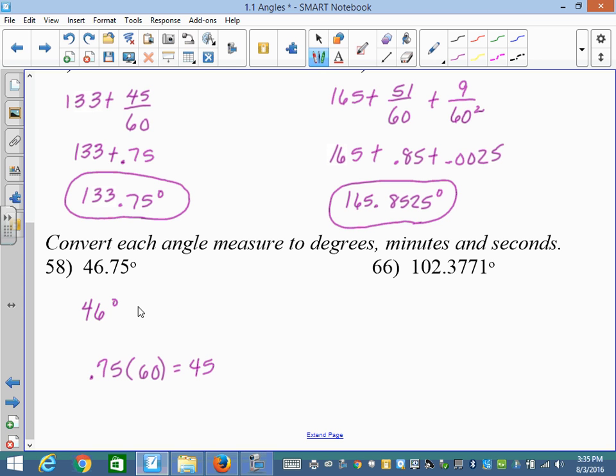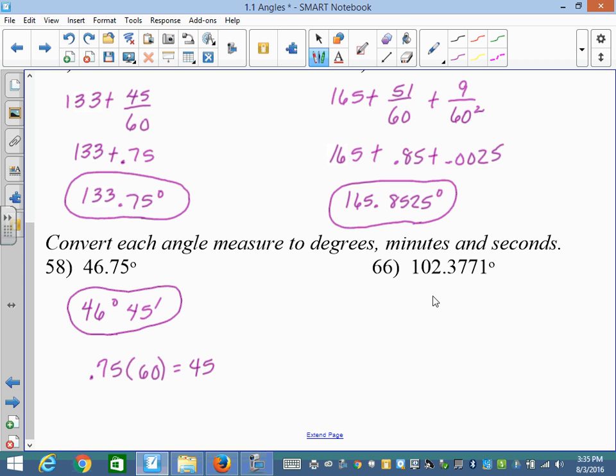So we now have 46 degrees and 45 minutes. Oops. Did you guys catch that? Let's try that one again. Minutes. And there's your answer.